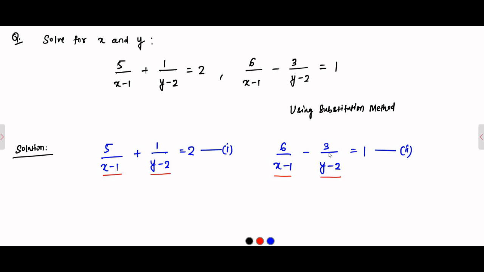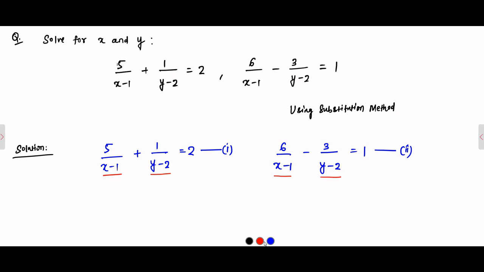So here we have to make some substitutions by creating two additional variables, like we did in the case of something by x plus something by y, and something by x minus something by y. In that case, we made some substitutions.